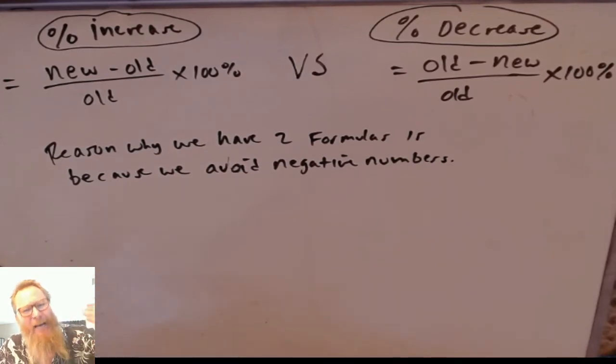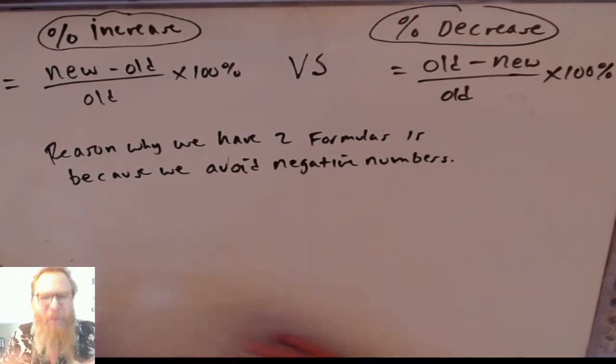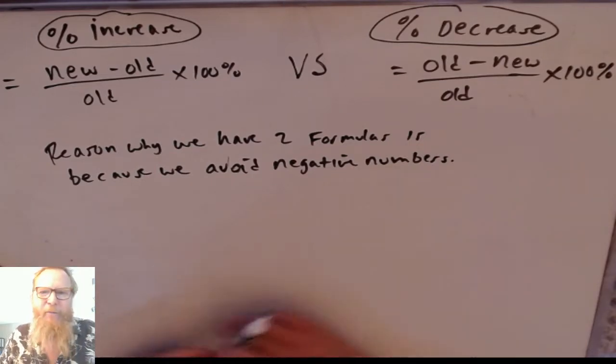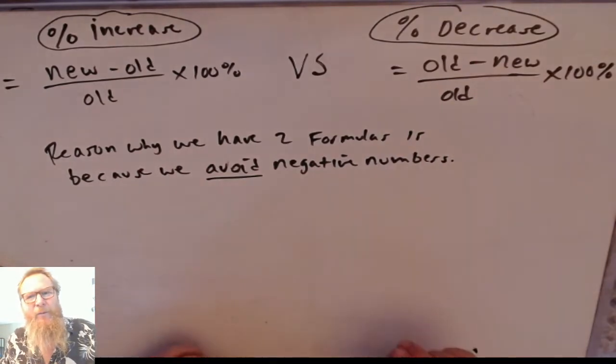And so we kind of decided, over the course of 5 or 10 years, to introduce the negative numbers sooner. But when these formulas were first developed, they were developed for the public consumption, and the idea of using negative numbers just seemed confusing, right? We didn't want to confuse people with negative numbers. So we're trying to avoid the negative numbers. And so that's the reason why we have the 2 different formulas, right?